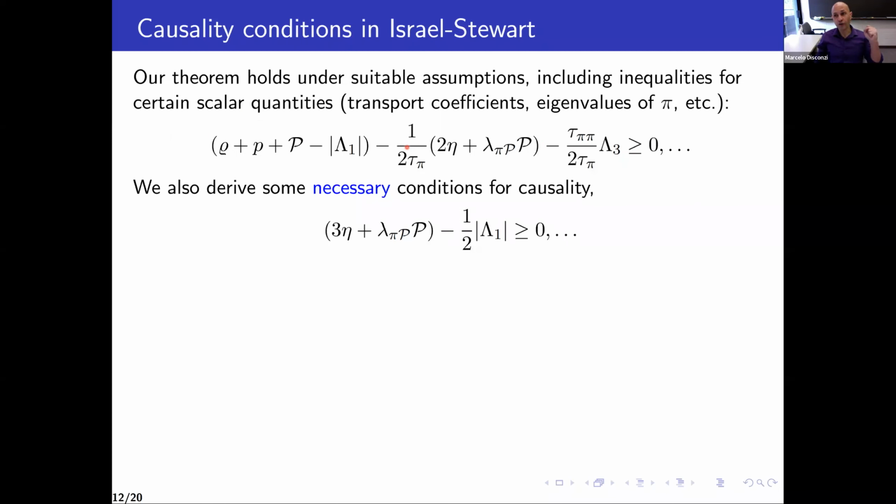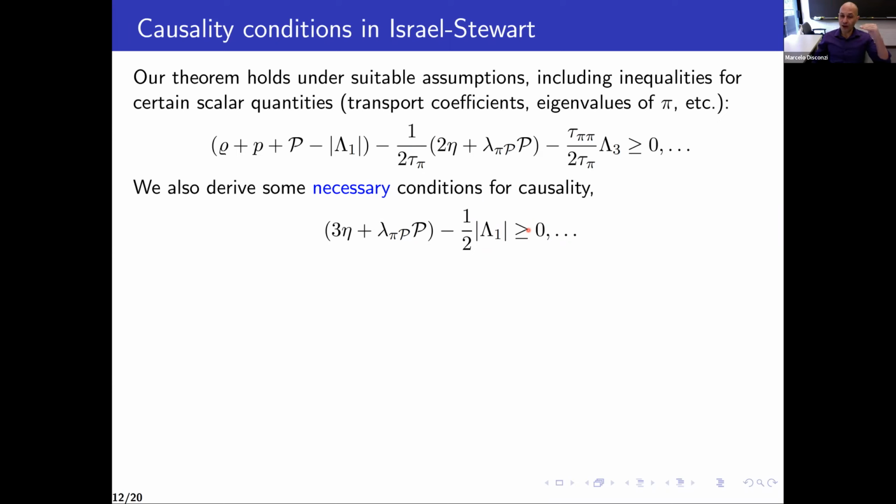But we also derive some necessary conditions for that. There are several inequalities. Again, here's an example. It's not very important what all these symbols mean right now, but there are certain inequalities that are necessary for causality, which means if the inequality is violated, causality does not hold. Now, these necessary conditions are very useful. Why?